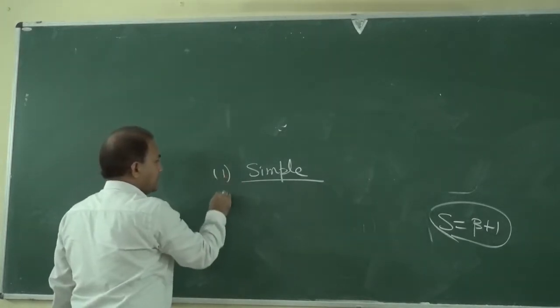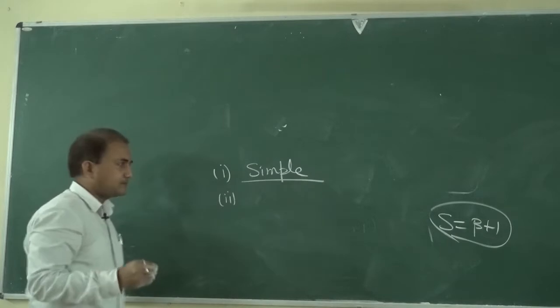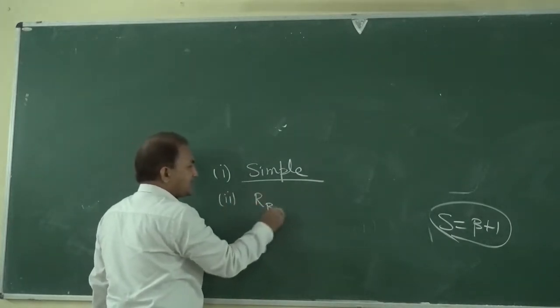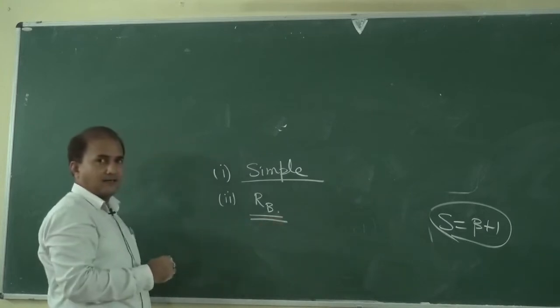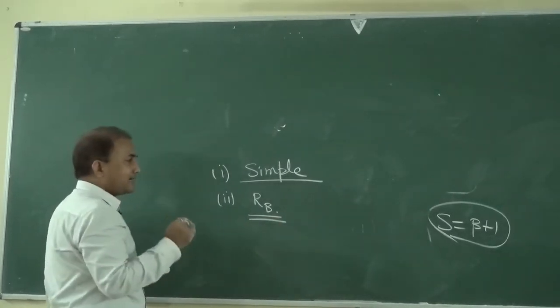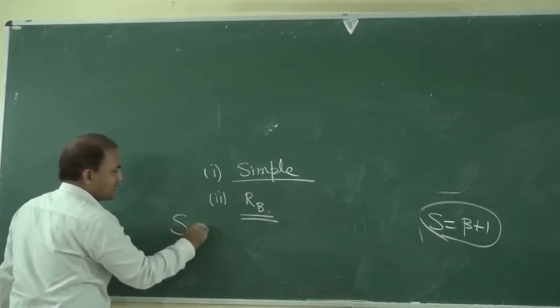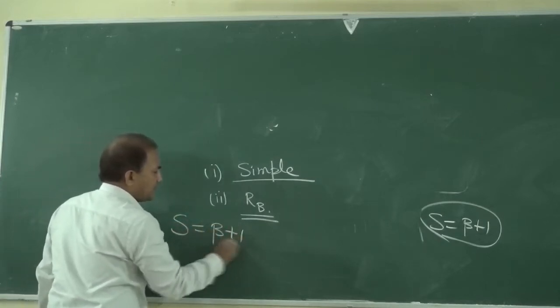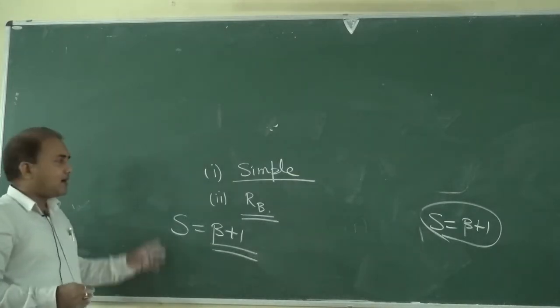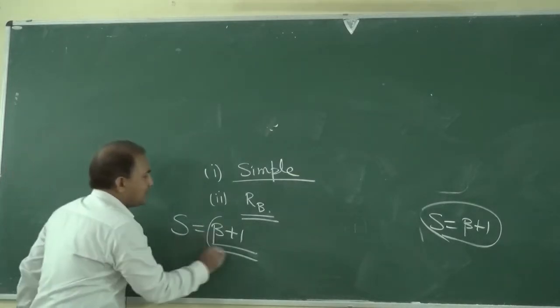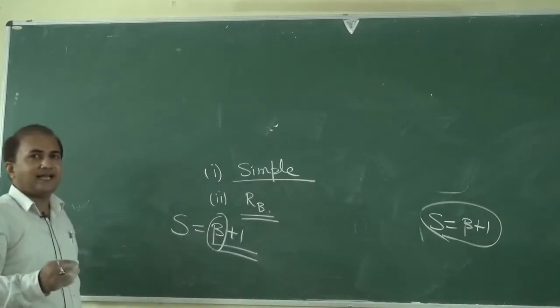And second, we are using only RB, the base resistor. But the main disadvantage is that the stability factor S is equal to beta plus 1. The stability factor of fixed bias circuit is very high because the value of beta is very high.